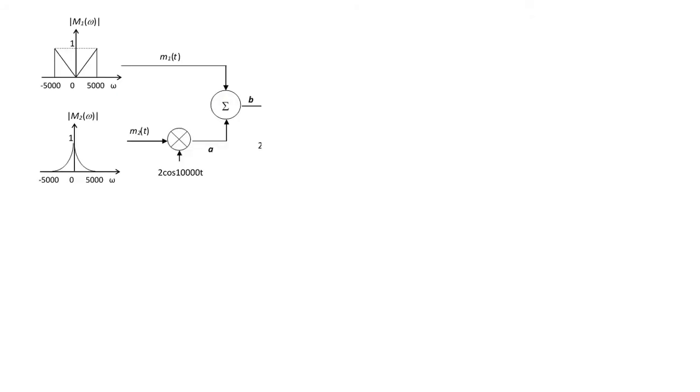Okay, next, we have sketched A(omega) just now, so now you need to sketch B(omega). B, in this case b(t), is equal to m1(t) plus a(t).